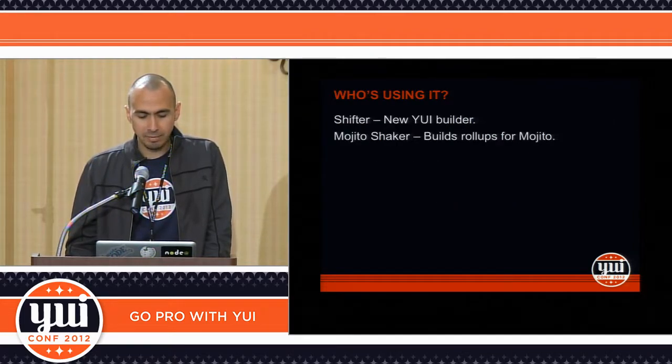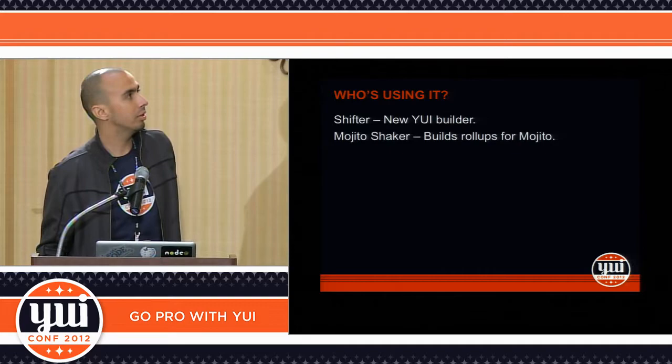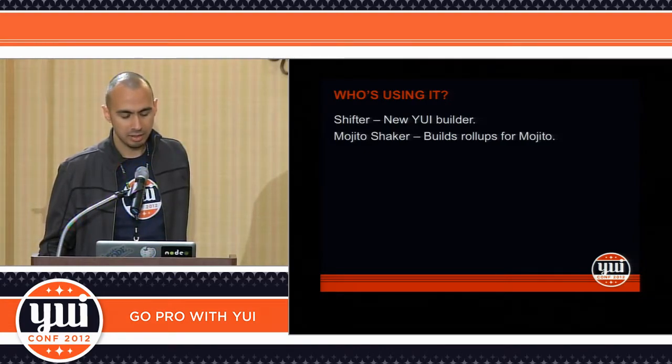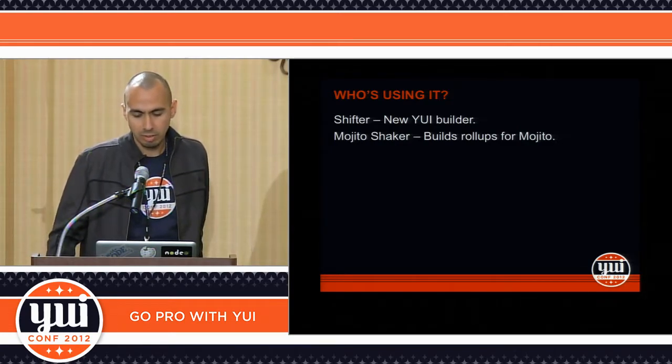And who's using it? Shifter. Dave talked about Shifter this morning, and it is using Gear.js as well as Mojito Shaker, which is a compiling asset tool for Mojito.